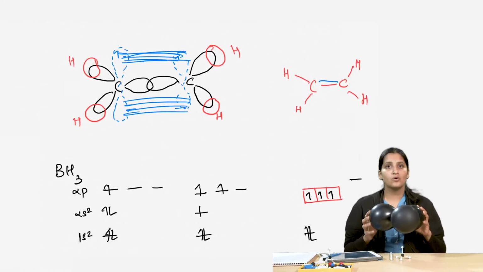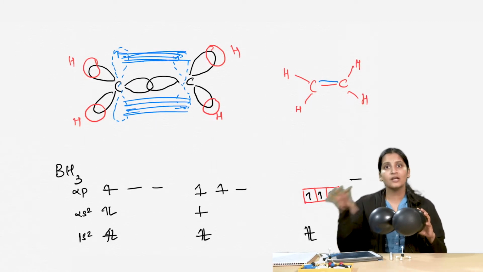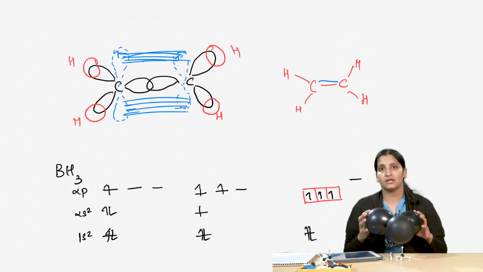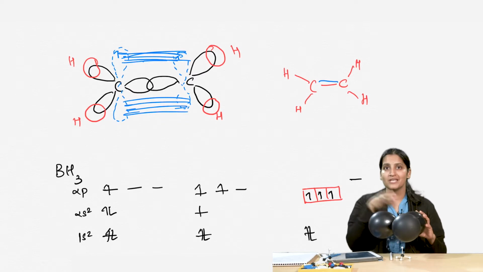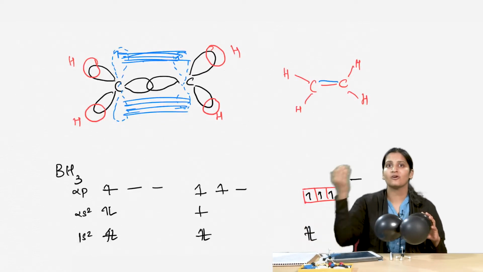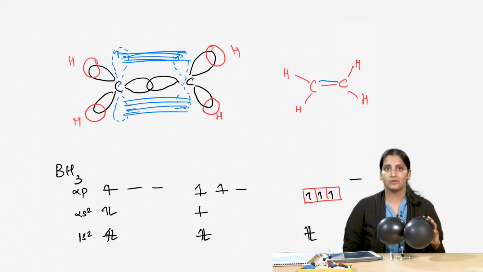So, when we go over the Lewis acids and bases, we will understand the reactivity of BH3, but also remember that the structure is strongly correlated with how a particular compound reacts. So, in the case of BH3, you can imagine that since there is an empty space, there is space for some electrons to come and occupy that empty p orbital.